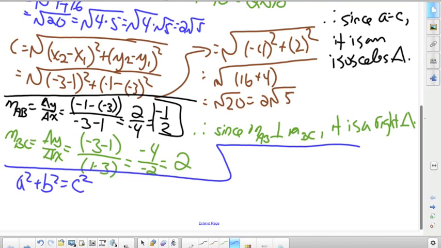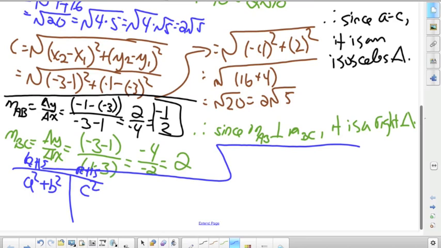Well, how do we know which is which? Or should we do it this way? Just find the length of the side so you know which is the longest. So this is the left-hand side, right-hand side. So this is c squared. So we just want to verify that those two sides of our equation come out with the same number.